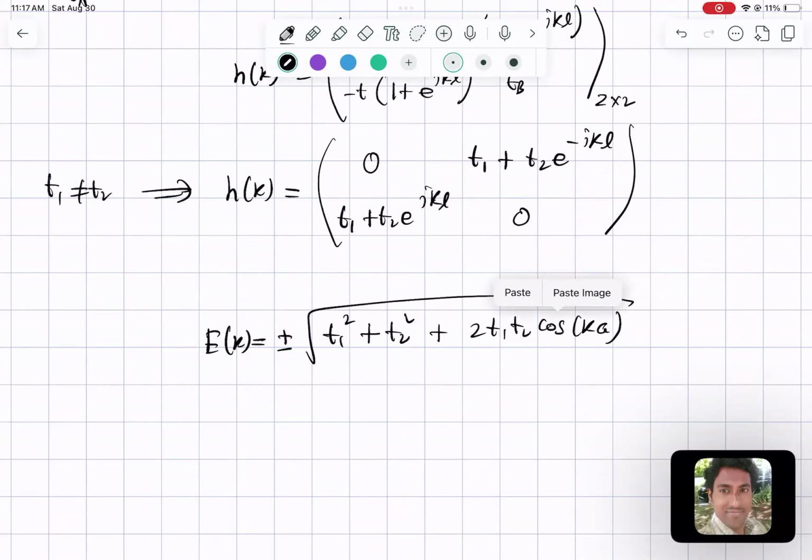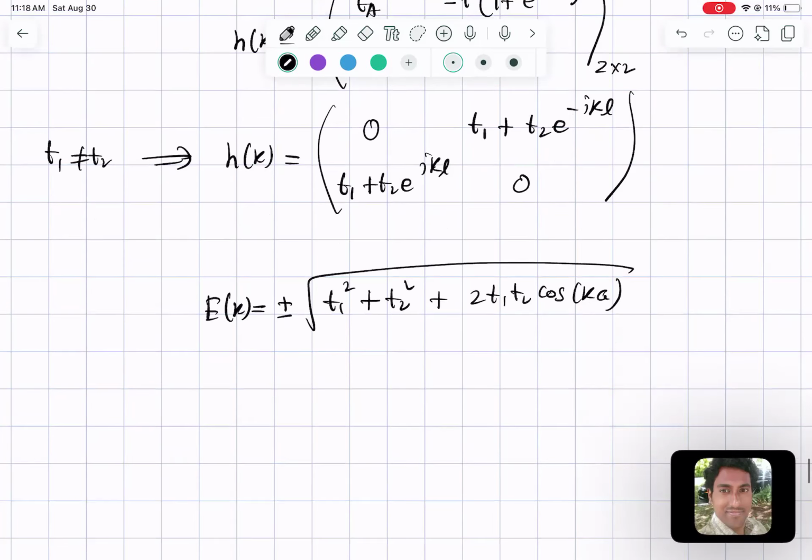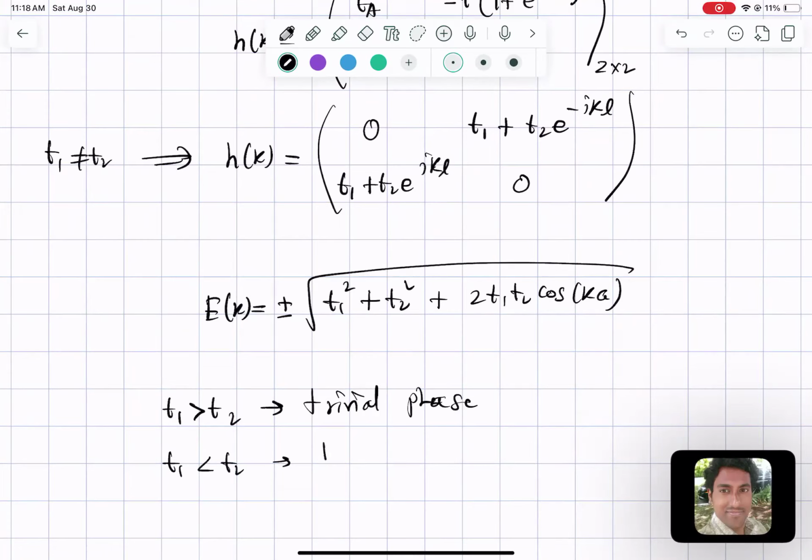And there are many properties of this Hamiltonian. For example, it's invariant under time reversal. And for this particular model, if T1 is greater than T2, that's called the trivial phase. And if T1 is less than T2, it's called the topological phase.